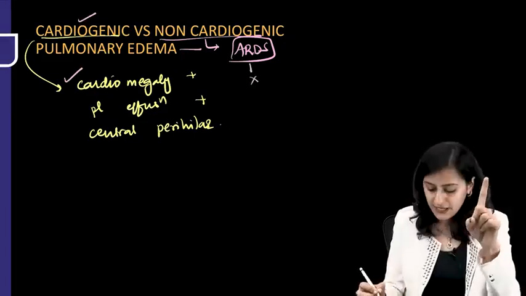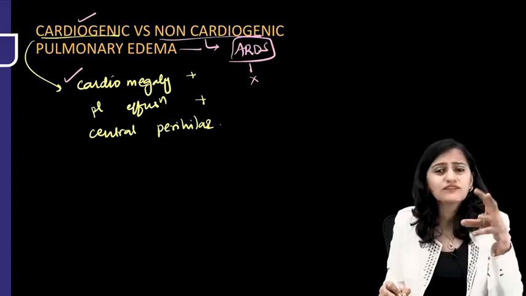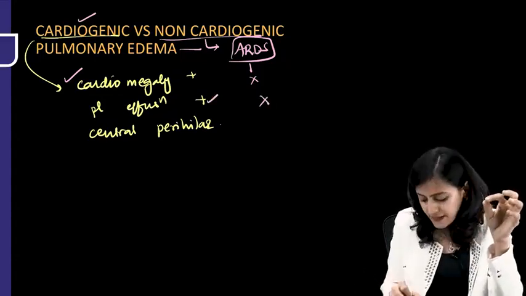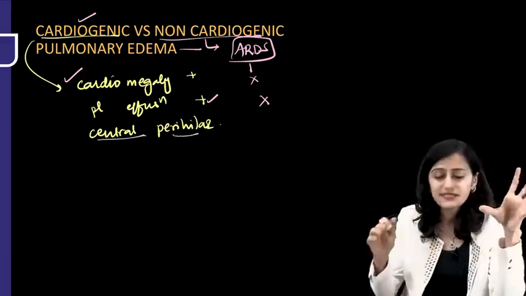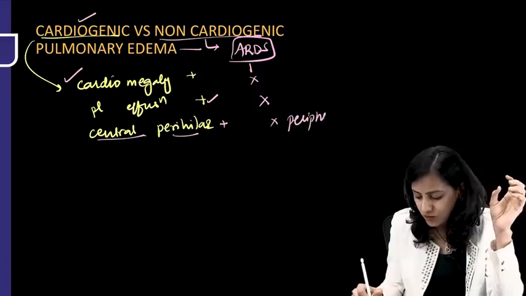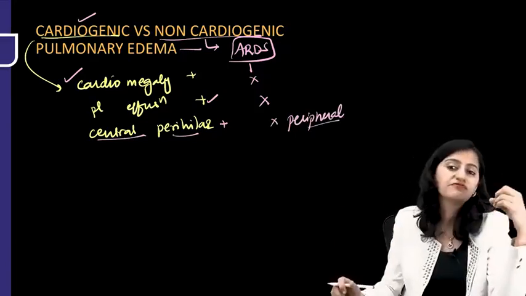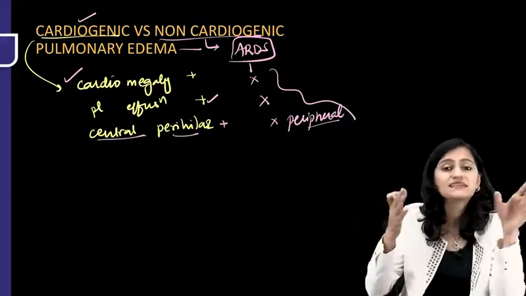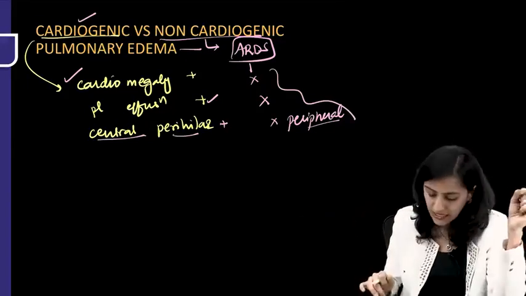In ARDS, no cardiomegaly. Pleural effusion, all the fluid component will be in cardiogenic, not in ARDS. Central perihilar opacities are in cardiogenic, not in ARDS. In ARDS, the opacities are more in the peripheral location. So remember that the fluid part is seen in the cardiogenic, not in ARDS.